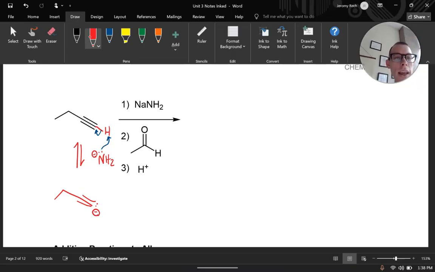This strong nucleophile is going to want to attack our most delta positive spot. If I think of my carbonyl here, I know my oxygen will be delta negative and my carbonyl carbon will be delta positive. This is going to have a dipole that's going to be pointing upwards towards that oxygen, making this carbon a really, really good point to attack.